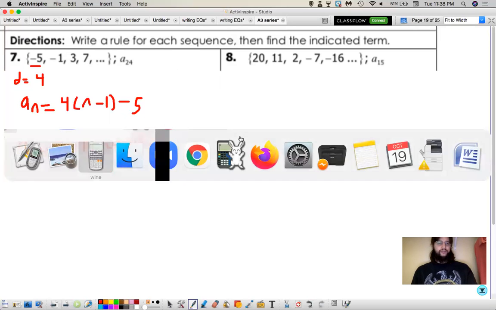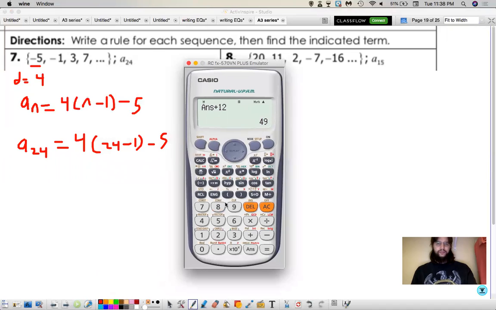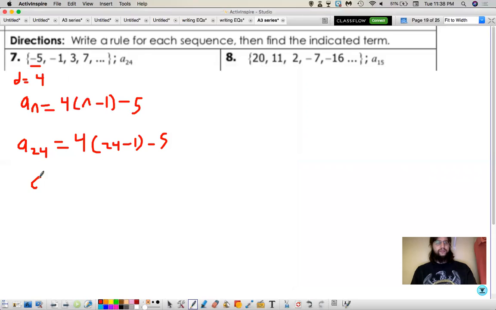That's 4 times 24 minus 1 minus 5. 87. See, that's why I use a calculator. Don't rely on your head. So 87. That's all they wanted. So the 24th term is 87.